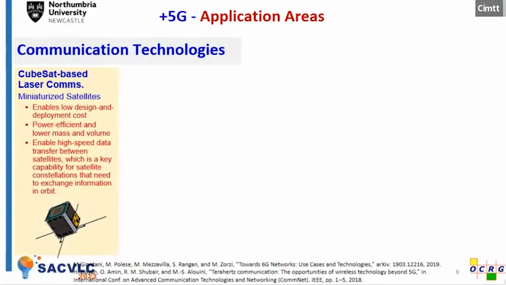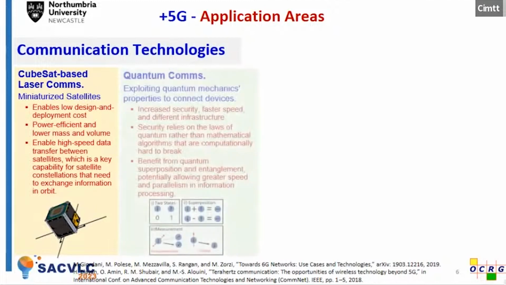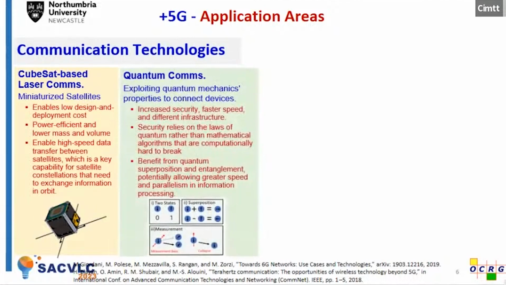So now you will see a lot of communication based on that concept of CubeSat communication. Another concept that is emerging in research now is quantum communication, where we use quantum mechanics instead of the classical physics rules to provide the communication. What does this offer us? Mainly a lot of research work on security, like quantum key distribution.